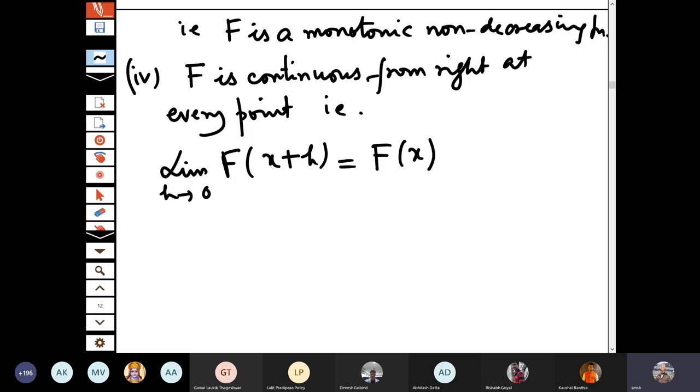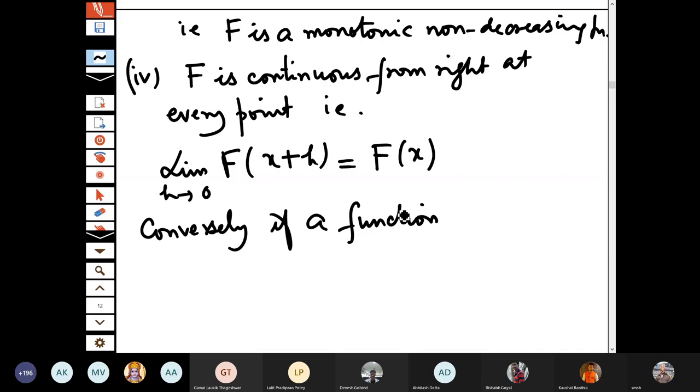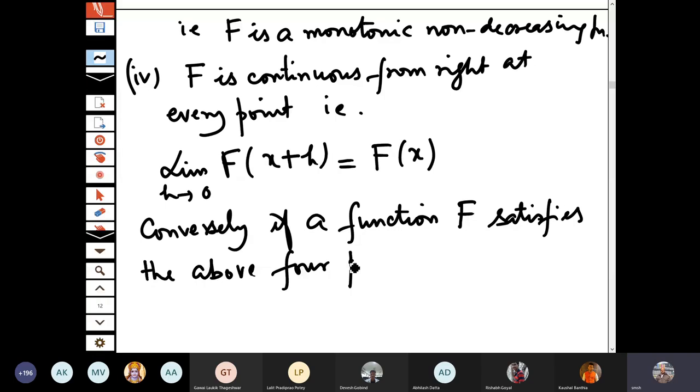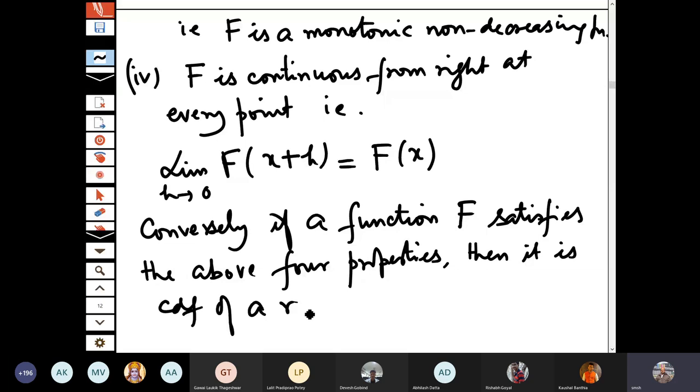Conversely, if a function F satisfies the above 4 properties, then it is the CDF of a random variable X.